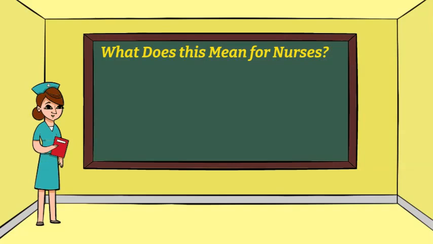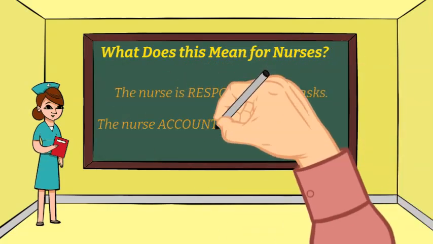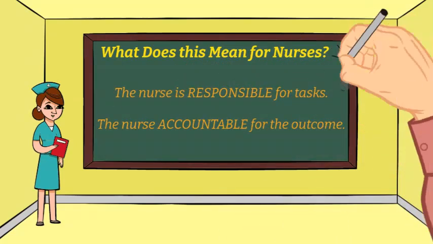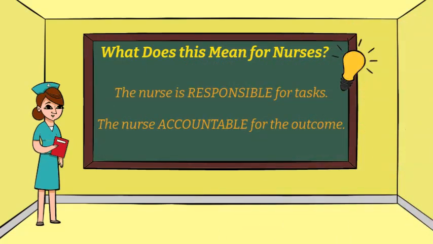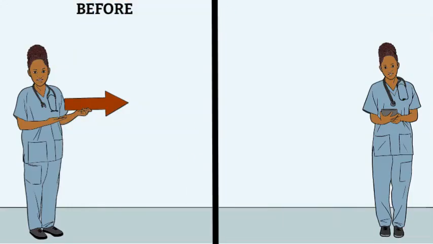The nurse can delegate tasks, but ultimately, the nurse is accountable for tasks that are not only performed independently, but also for those that have been delegated to another staff member. So the nurse is responsible for tasks, but accountable for the outcomes.